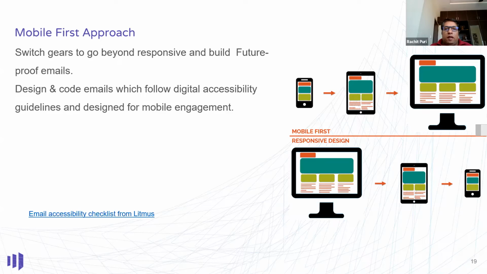Your designers and you have to build emails and landing pages which are created with a mobile first approach. So imagine how an email would look on a mobile device, what would be the CTAs, what would be the look and feel. All of that has to be thought of from a mobile perspective, and then it has to be transformed into a desktop version.